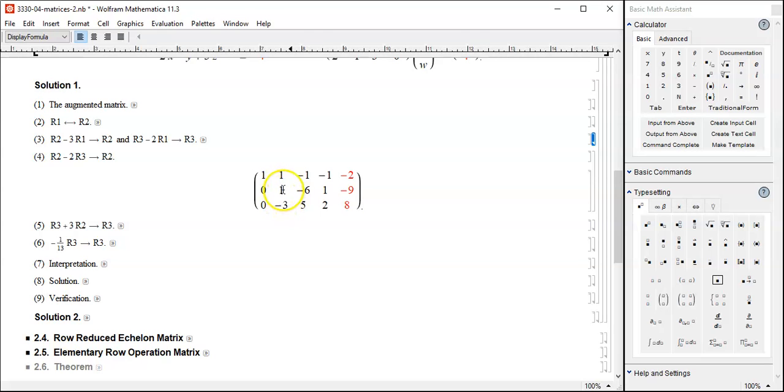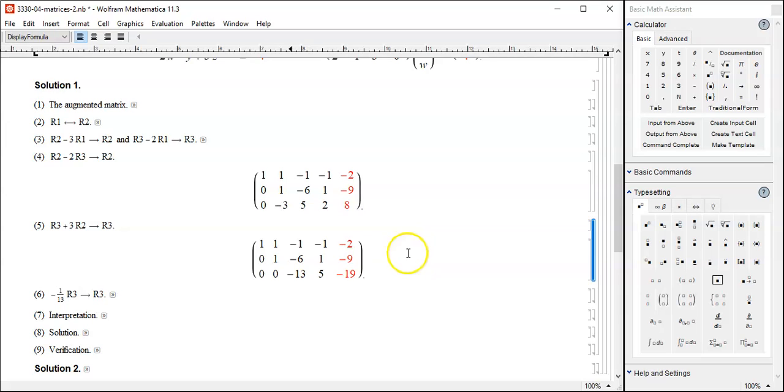Okay, next, let us eliminate the others. So, R3 plus 3R2. So multiply by 3 and then add them up, so I can eliminate this one and make it into 0. And then the others are affected through the same operation. And this is what we get.